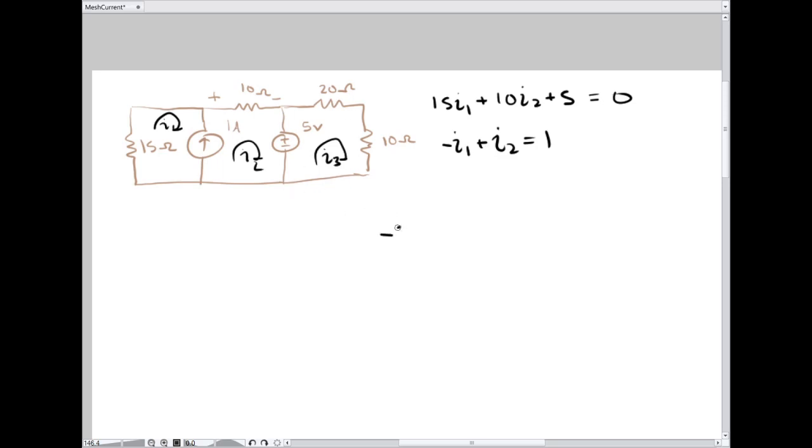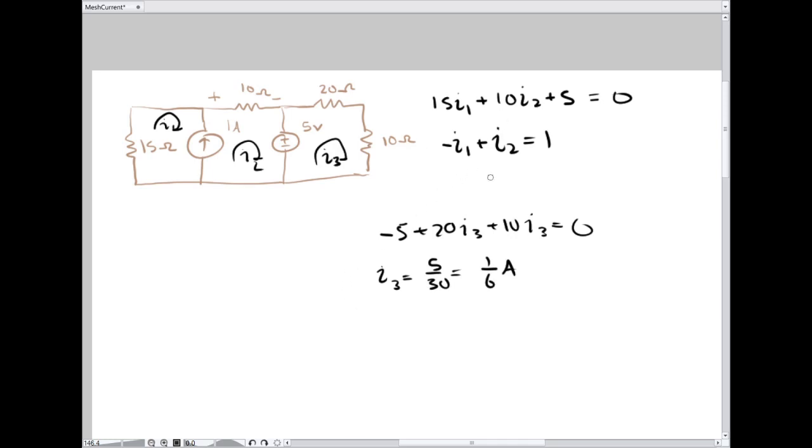So that's minus 5 plus 20 I3 plus 10 I3 is equal to 0. And because the component that joins mesh 2 and mesh 3 is a voltage source, I don't have any coupling here, and so my I3 is real easy to find. It's just equal to 5 over 30, which is equal to 1/6 of an amp.